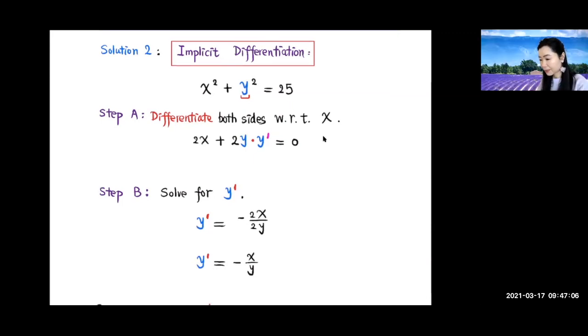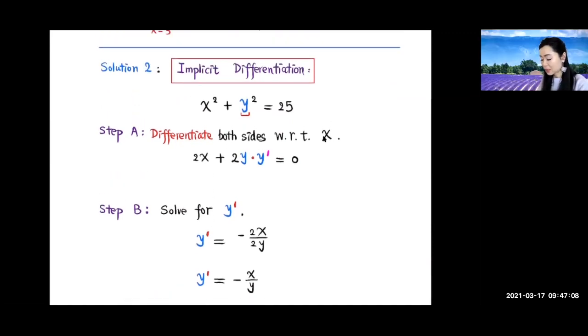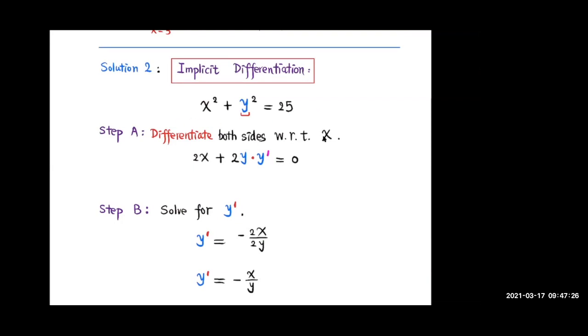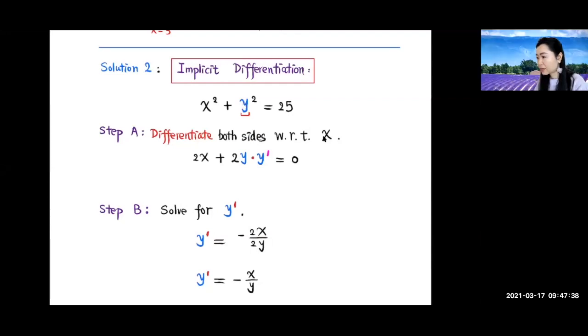This method is particularly useful when the equation is hard to solve for y, or is complicated. So when it's very hard to solve for y, and sometimes maybe impossible to solve for y. Can you only use it when you have two variables? Yeah, we only have two variables, x and y.